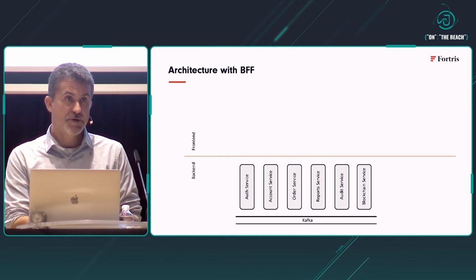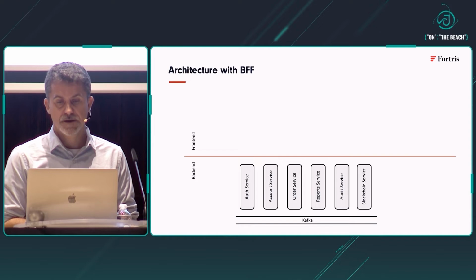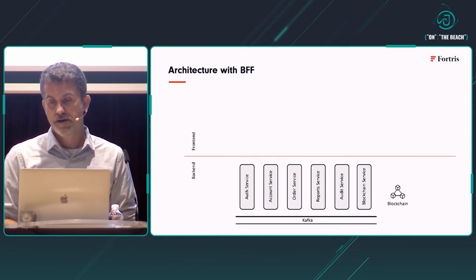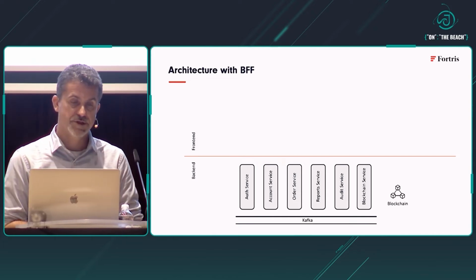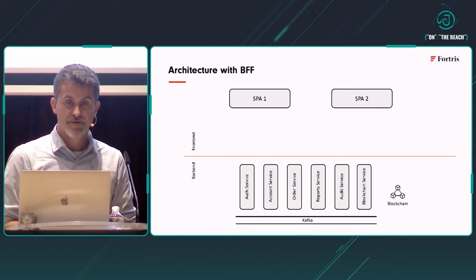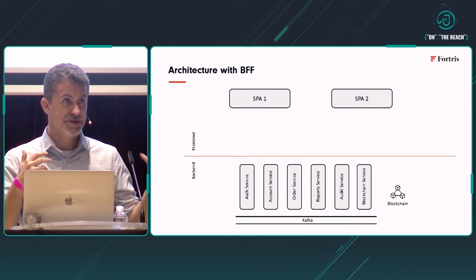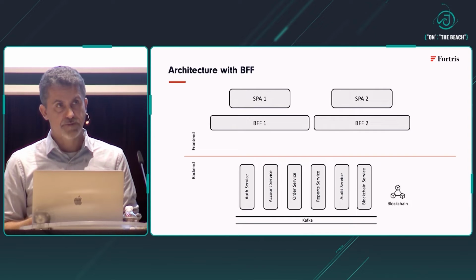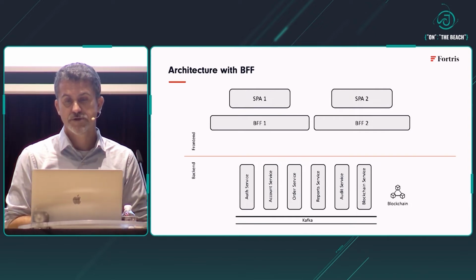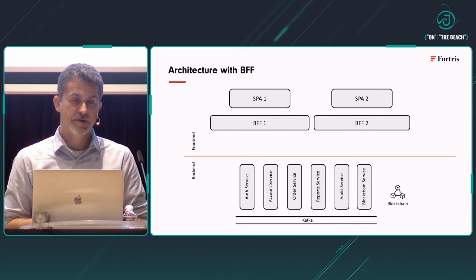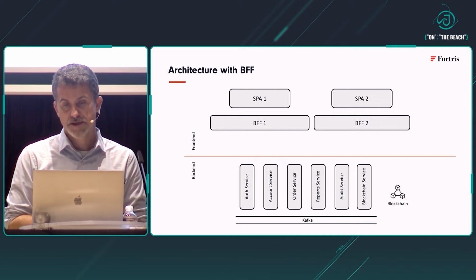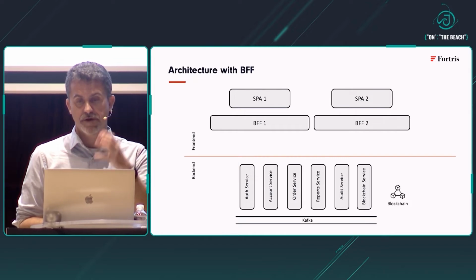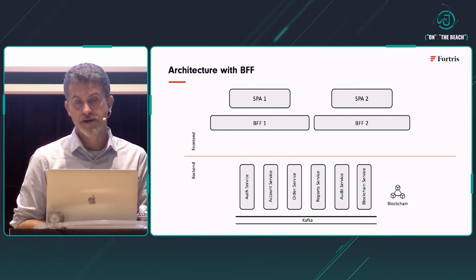We have this distributed microservices architecture, but it's event-sourced, so we can have RabbitMQ or Kafka, as I mentioned, and then working on top of the blockchain. In the front end, we have these two single-page applications I mentioned before, and then each respective backend for frontend working as a proxy, a single entry point for our requests, communicating and resolving all the needs of the front end to the back end.